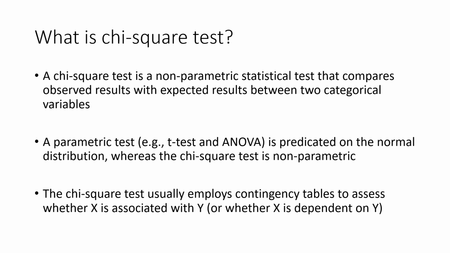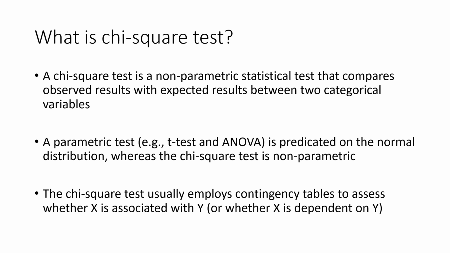And the 2 variables that we use in a chi-square test, that is to say x and y, have to be categorical variables. That is to say they have to be either nominal variables or ordinal variables with a few categories.